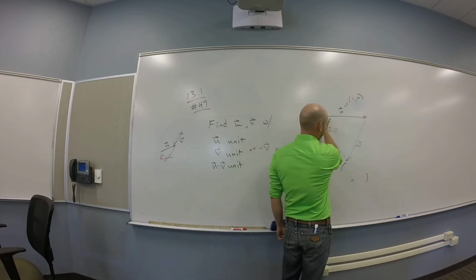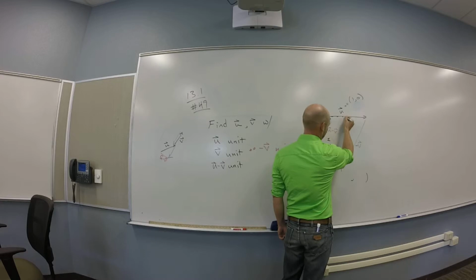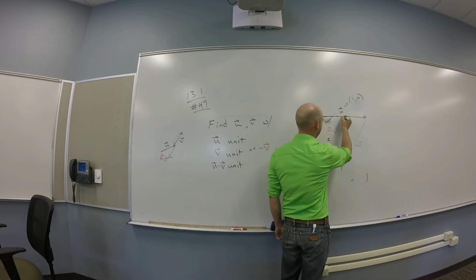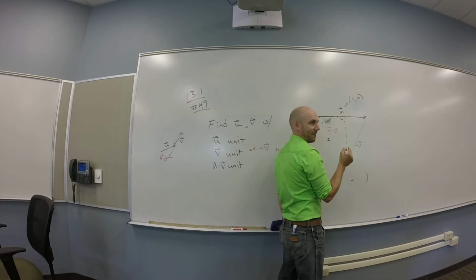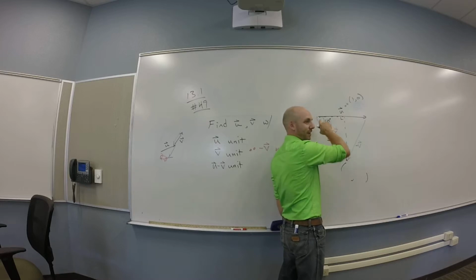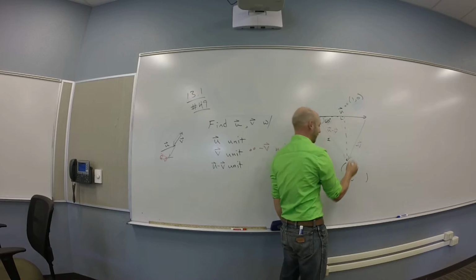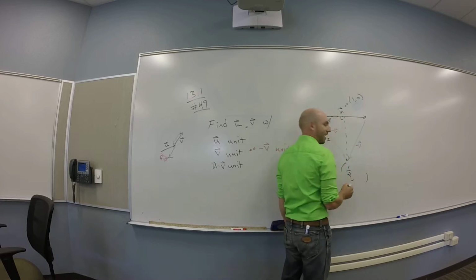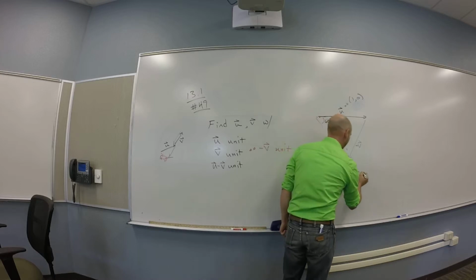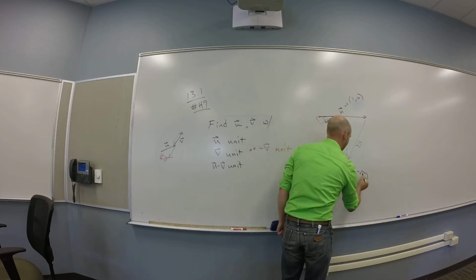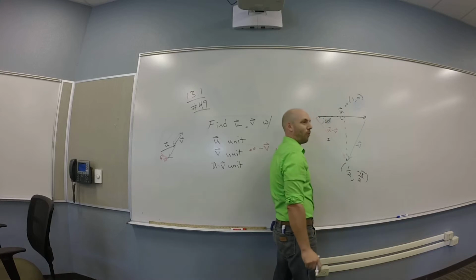What if I helped you by drawing in a little extra, like this? So this would be a half over in the x direction and negative root 3 over 2.